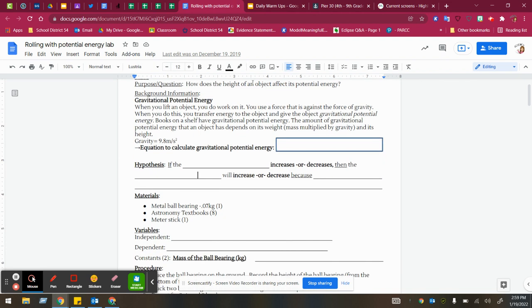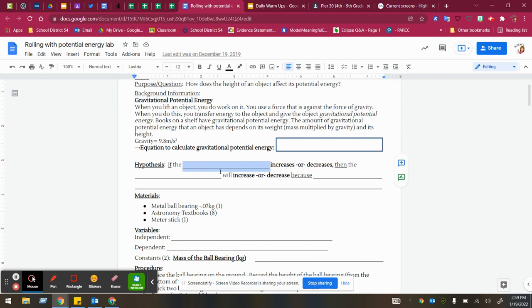Going back to that purpose question and identifying the independent and dependent variables, you are going to use that to complete the variable section of your worksheet, as well as your hypothesis. Your independent variable, which comes before the word effect, should get filled in the first blank of your hypothesis.